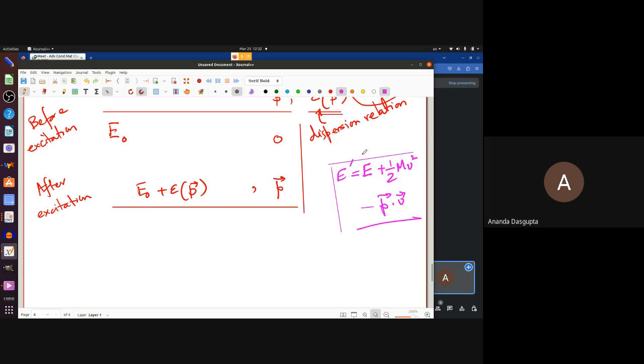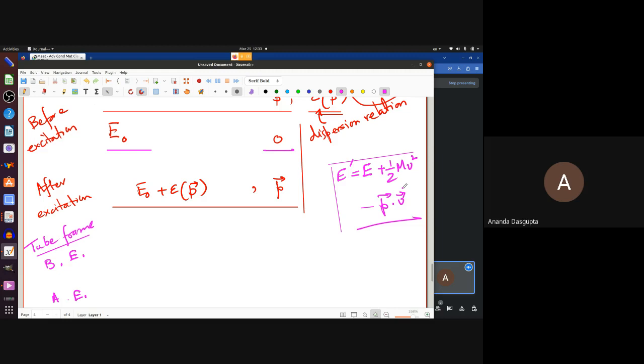Now, can you tell me what will happen in this case? If you go from the fluid frame, where this was the energy before excitation, and this was the momentum, and after excitation, this is the scenario. So, in the tube frame, before excitation and after excitation. Before excitation, what is the energy? You just have to use this formula. Remember, E is E0. All that you need is given here.